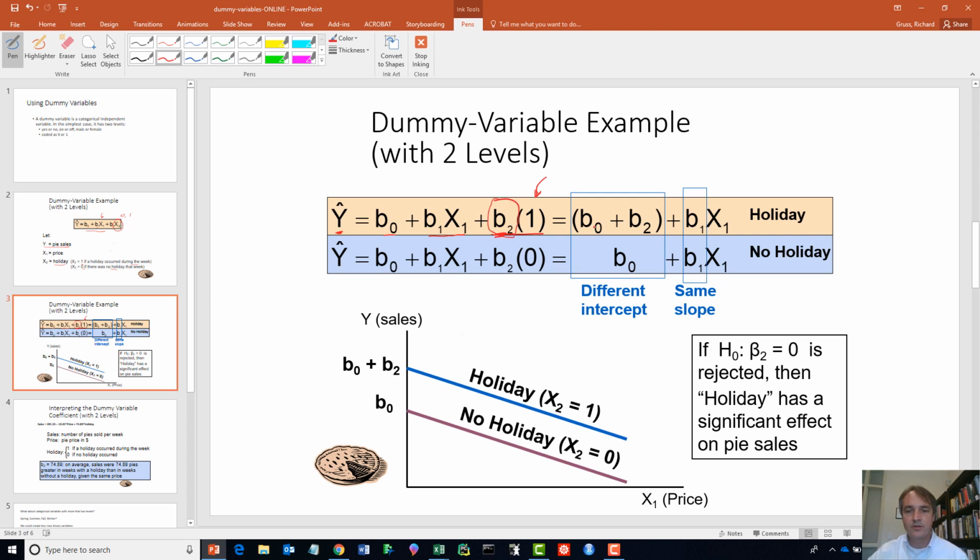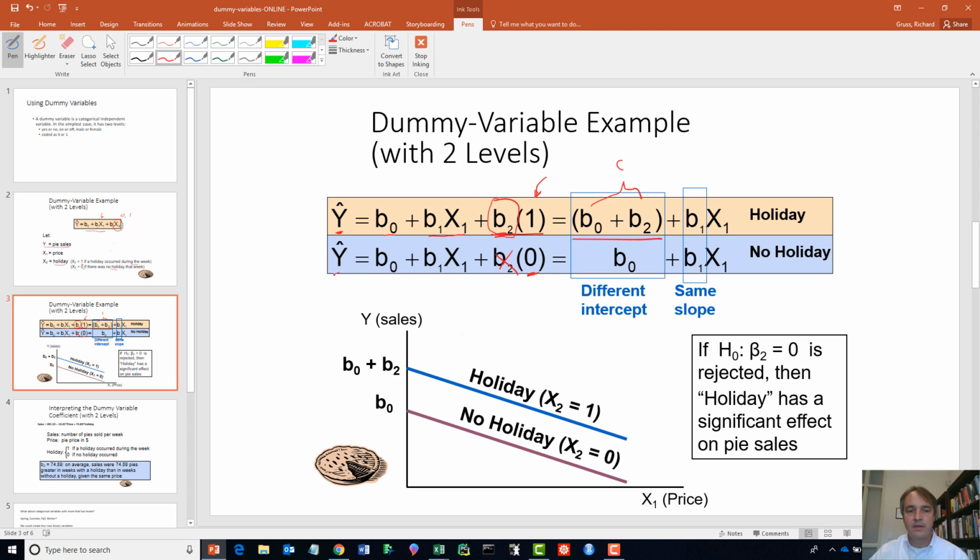And with constant terms, you can collect them. So we've got this now is just one other constant. And the estimate is then just going to be this plus this, plus this expression right here. Okay. Now, this part of the equation is the intercept. Now, in the case where the dummy variable is 0, that means this entire thing just goes away.